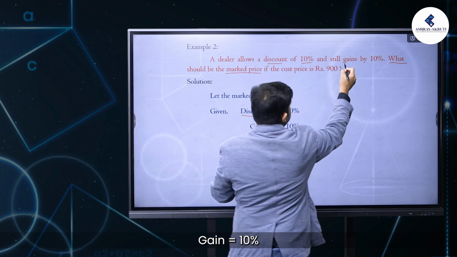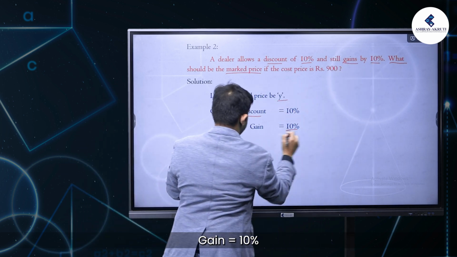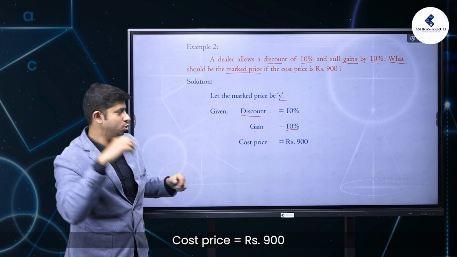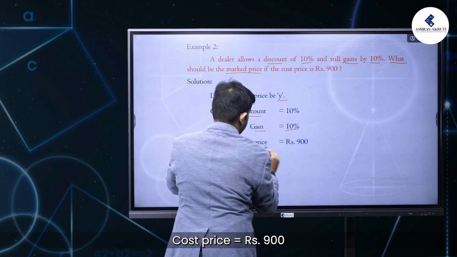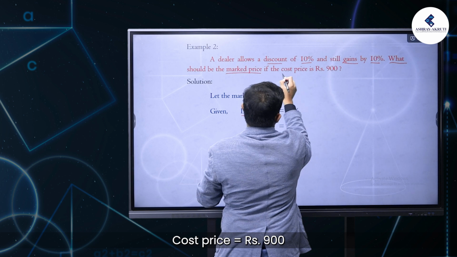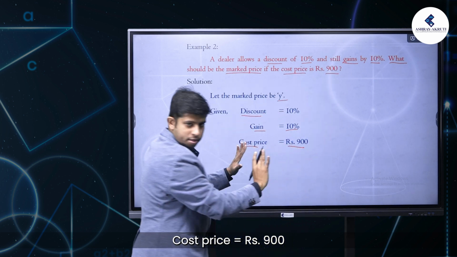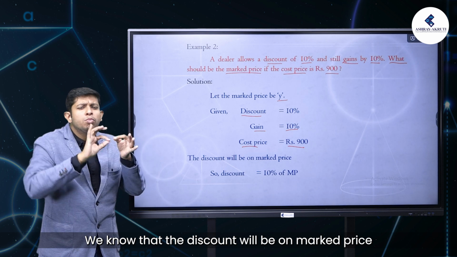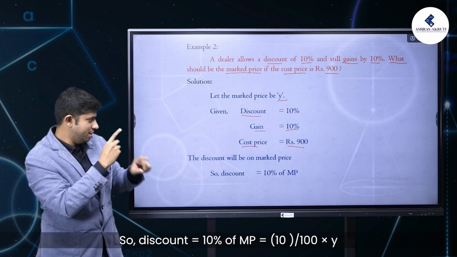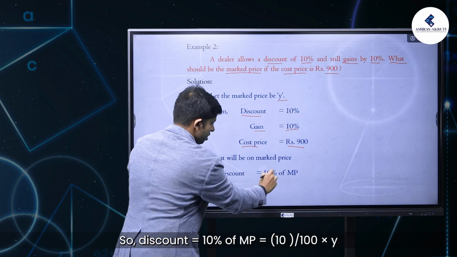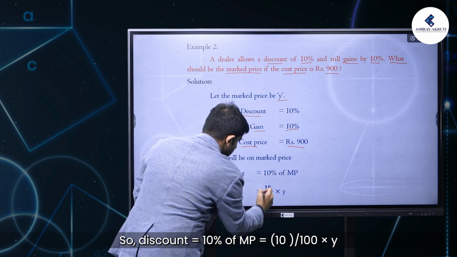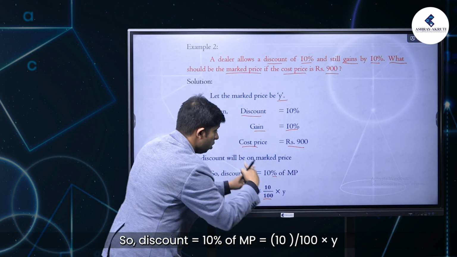Gain equals 10%. Cost price equals rupees 900. We know that the discount will be on marked price. So discount equals 10% of marked price, equals 10 by 100 into Y.